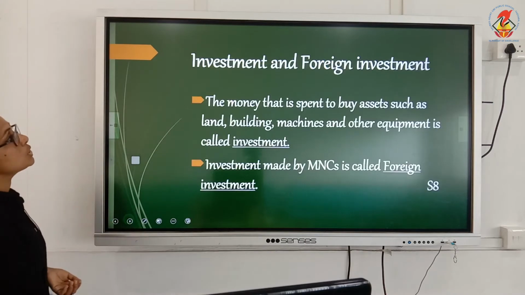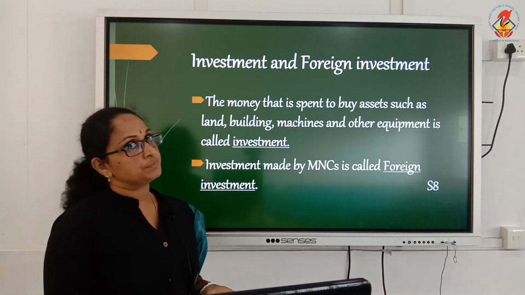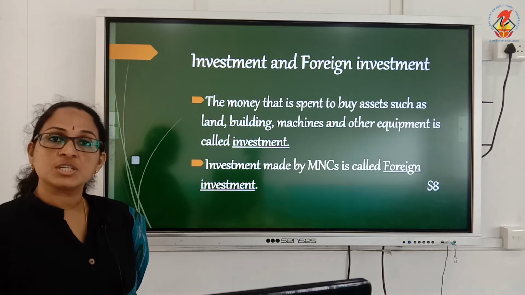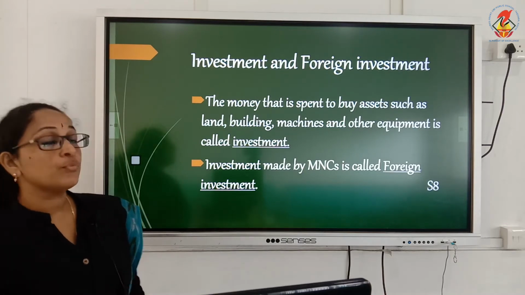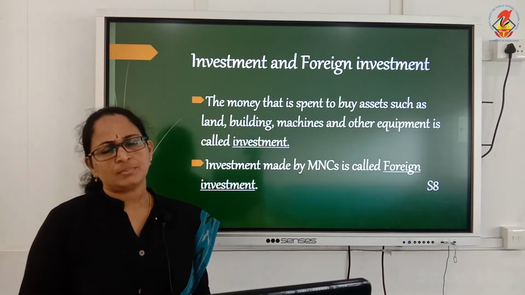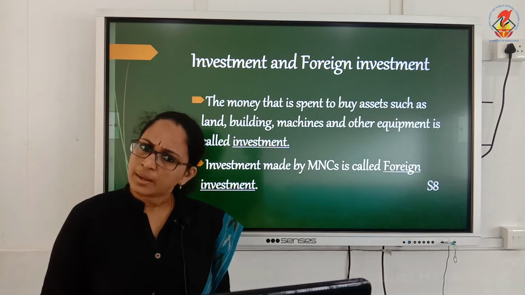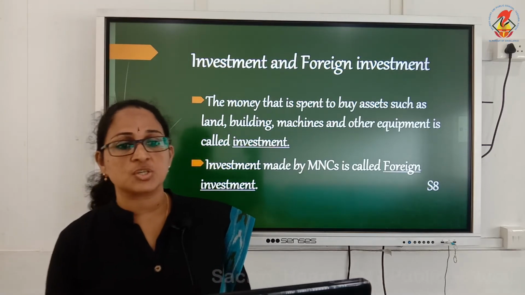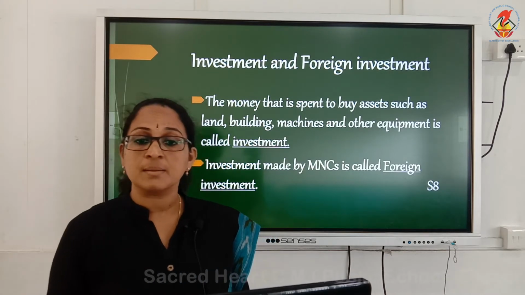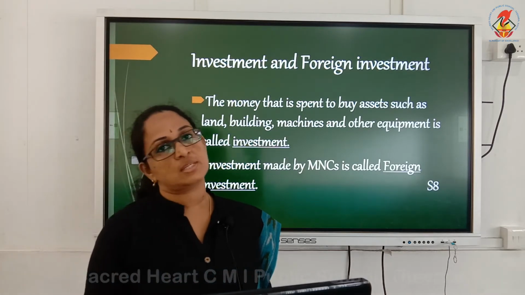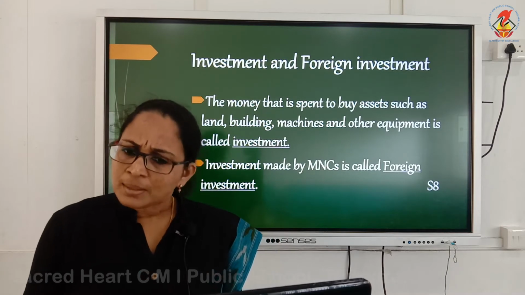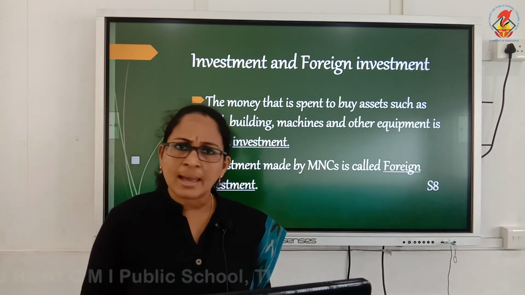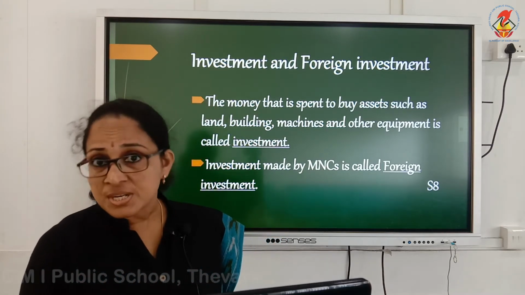Now we move on to the second term which we need in globalization, children: investment and foreign investment. What is investment? Investment is the money that is spent to buy assets such as land, buildings, machines and other equipment.